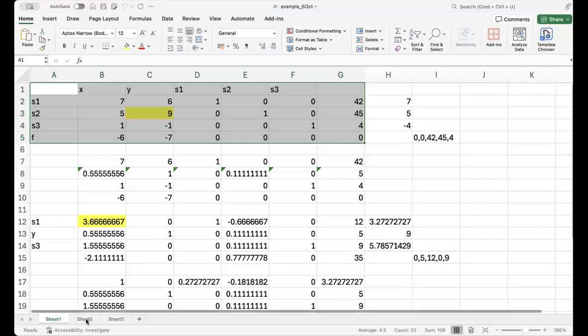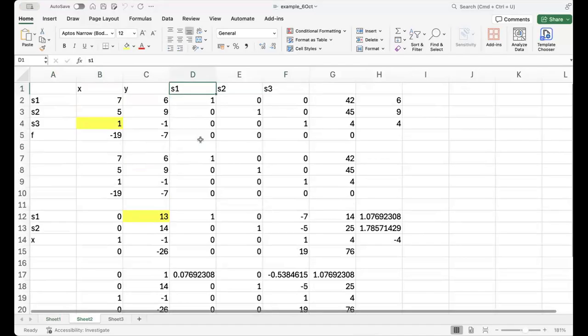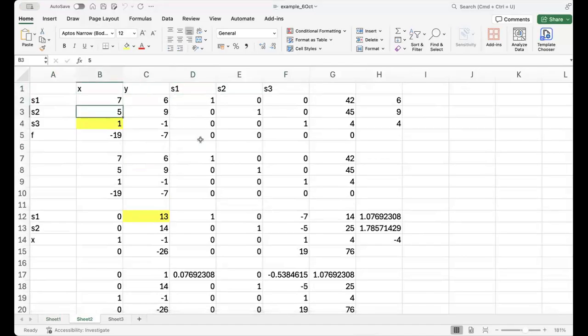So I will show you the solution. Okay, this is the solution. We have coefficient of minus 19 here, which is a pivot column.